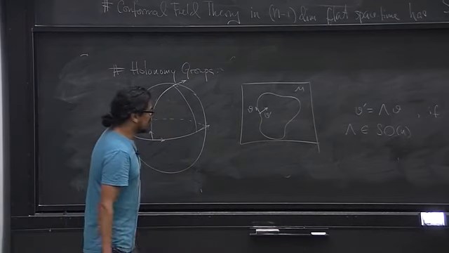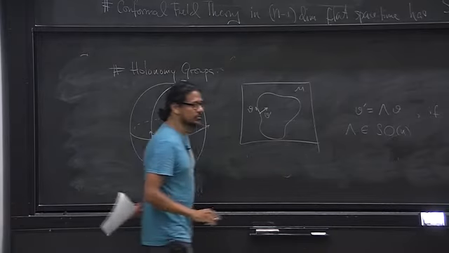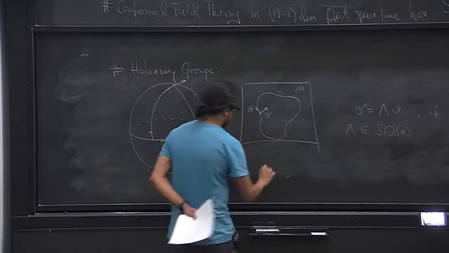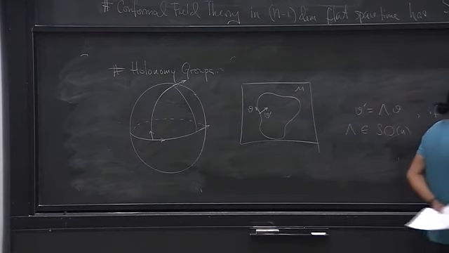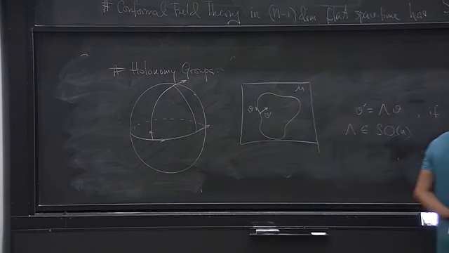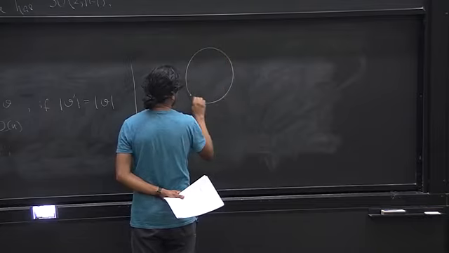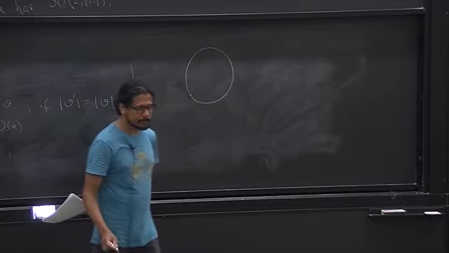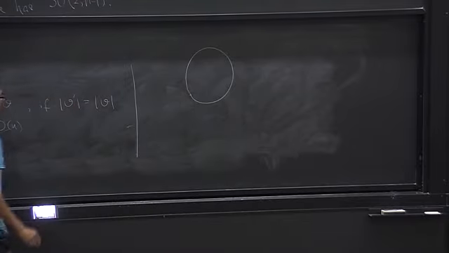Now you can actually give this a group structure, and this will be very sketchy. I'm sorry, it's very interesting, but if I go deep into it, it'll just take up a lot of time unnecessarily. The way you do it is that you start with a point and you associate with every closed loop some element of SO(N).